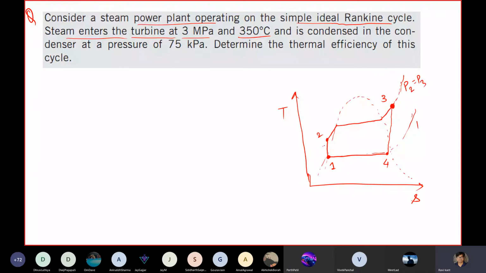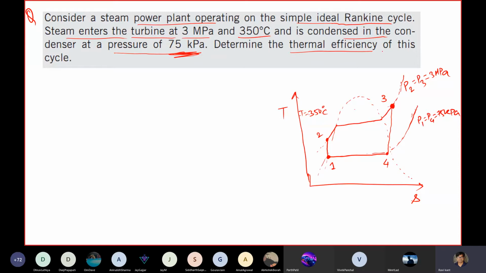Whatever, 2 and 3 will be on the same pressure line, and this is 3 MPa, and the temperature here is 350 degrees Celsius. It is condensed in a condenser at a pressure of 75 kPa. So again, this pressure line is also given. So P1 is equal to P4, which is 75 kPa.